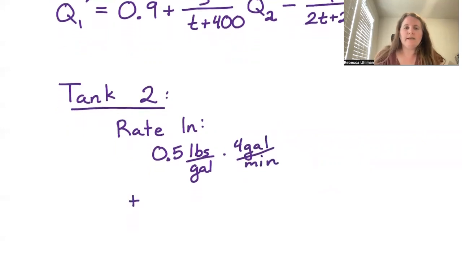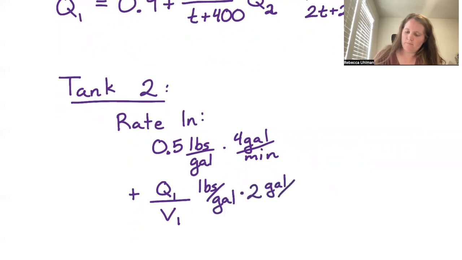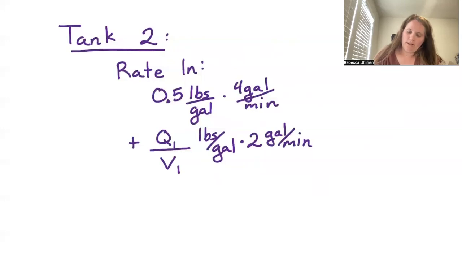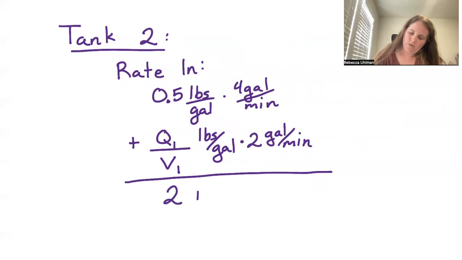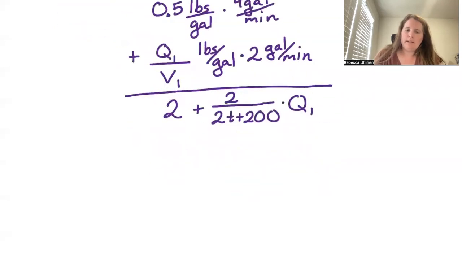Plus from tank 1, we are adding Q1 over V1 pounds per gallon at a rate of 2 gallons per minute. So our rate in, we are looking at 2 plus 2 over V1, which was 2T plus 200, times Q1.